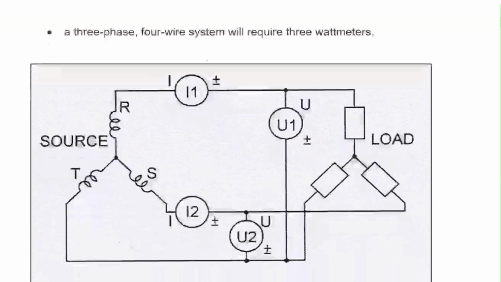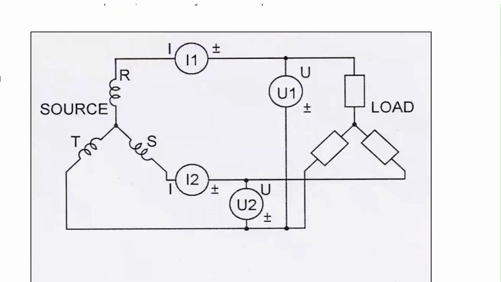So here is an arrangement that has been sourced. On the left side, you are seeing the power source. This is perhaps the alternator, and this is feeding some load which consists of star connected impedances.